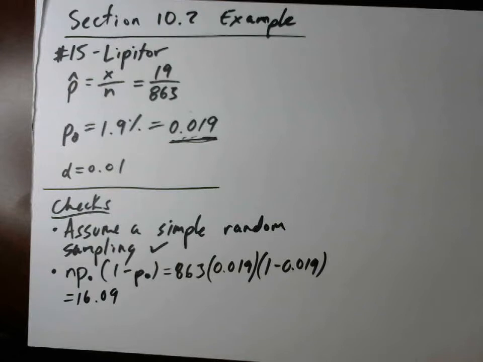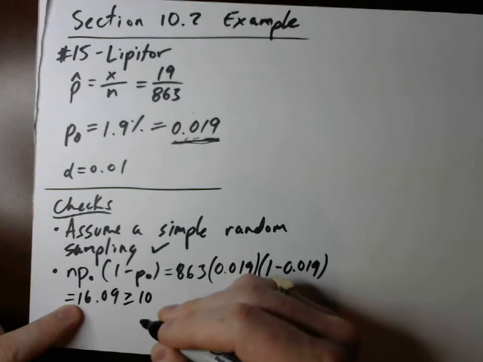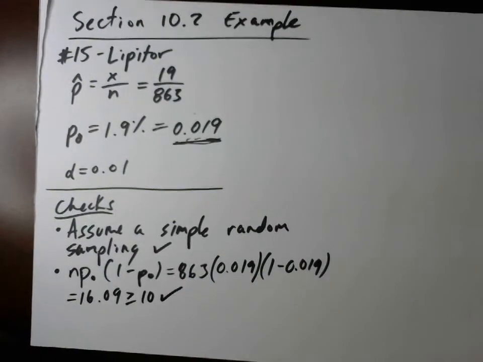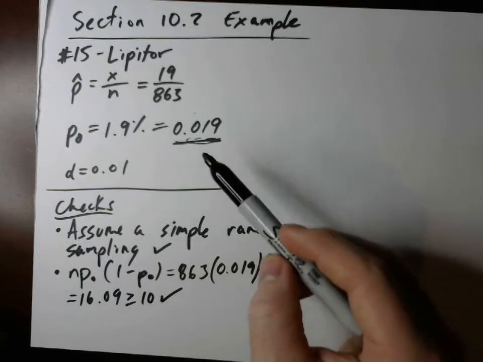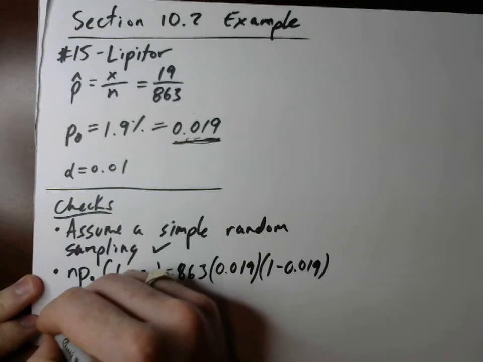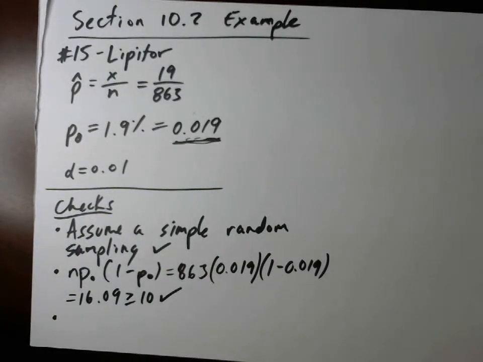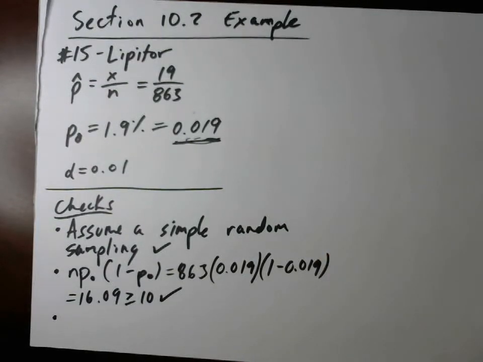So is that good enough? As we can see, 16.09 is greater than or equal to 10. Great. Check. We have a large enough sample size to obtain a normal distribution with the assumed p naught value. So we can assume that we have a normal sampling distribution based off of this value of n, our sample size.